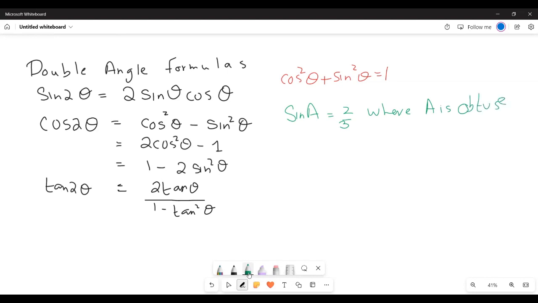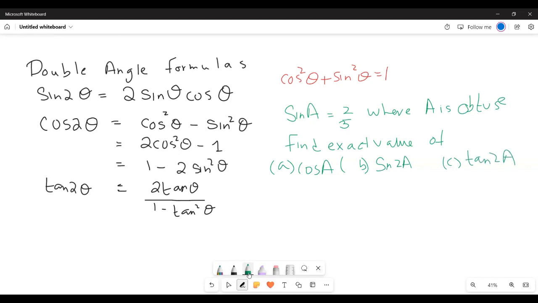Find the exact value of cos A. Part A is cos A. Part B is sine 2A. And part C is tan 2A.